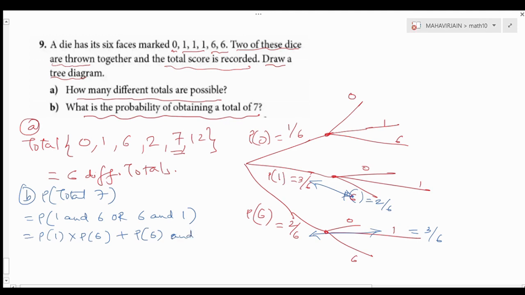Probability of 1 is 3 by 6. Probability of 6 is 2 by 6, and the same thing repeats. So whenever I have a plus a, I multiply by 2, a smarter way of doing it. So 3 2s are 6, one 6 goes away, 2 3s are 6, so your answer is 1 by 3. Did you understand this? I hope that is clearly understood. This was a video for you to understand things.